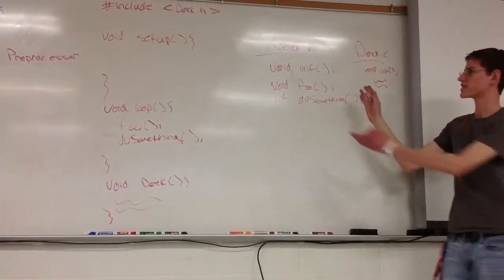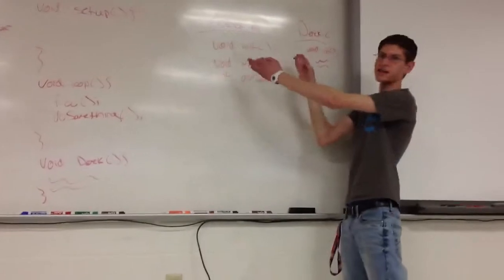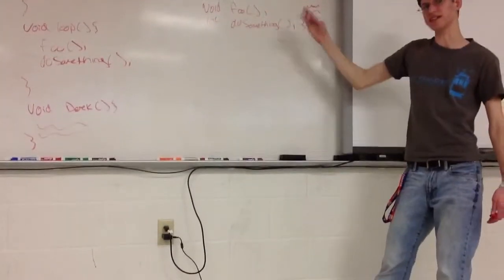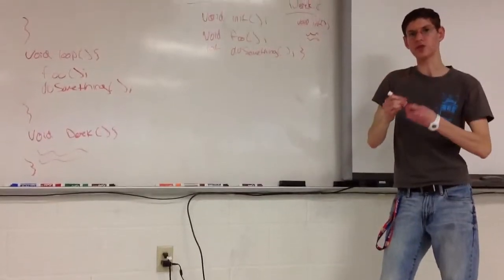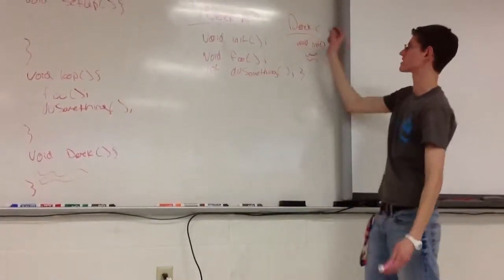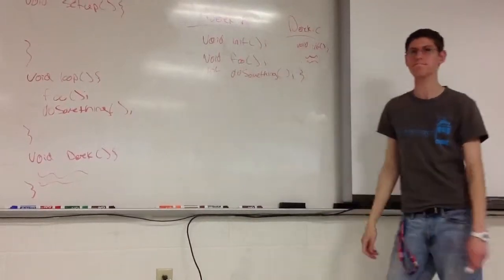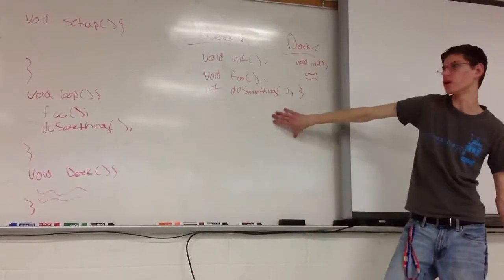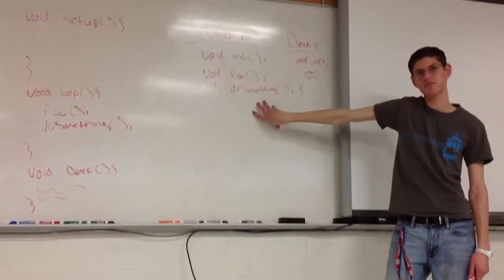So over here, I'm just saying, hey, I'm eventually going to write a function called init, and then over here, I'm actually writing the function in a different file. So we split up our code into two different files, the .c file and the .h file. The .h file is purely just for prototypes.